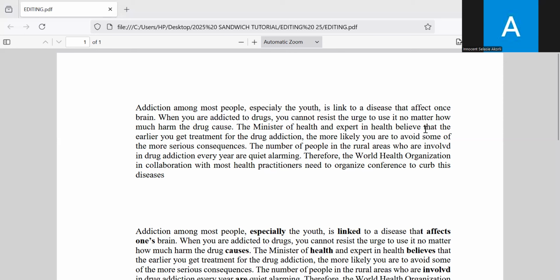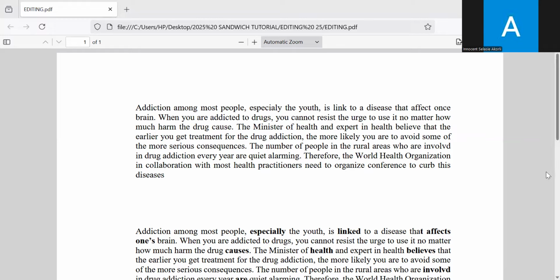No. So it's just one person. Very good. So believes. If it's the same person, then it should be believes that, not believe that. It should be believes that the earlier you get treatment for the drug addiction, the more likely you are to avoid some of the more serious consequences.